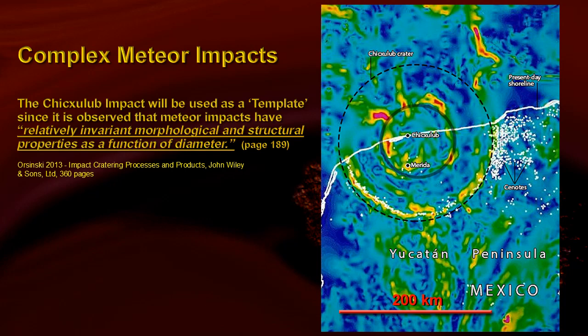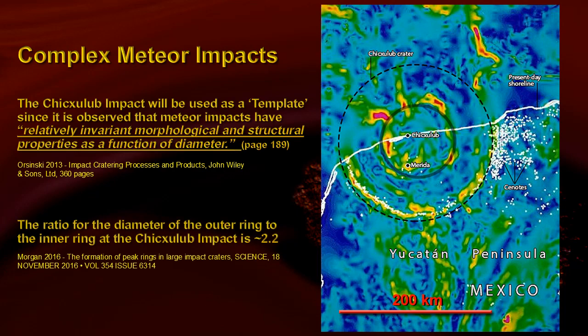It is a complex meteor impact, which means it has an inner ring and an outer ring. The ratio of the diameter of the outer ring to the inner ring at the Chicxulub impact is approximately 2.2.